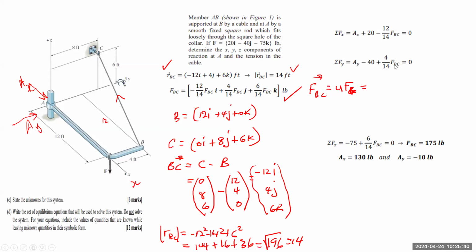So you'll be looking for components: first all the components in the X direction, then in the Y direction. So the Y is AY minus 40 plus this component here that you just found, right? Now, what about the Z? The Z also, there's no reaction here because the collar is smooth, right?